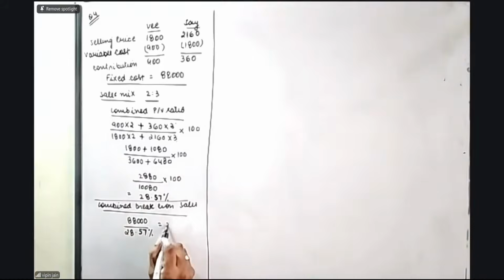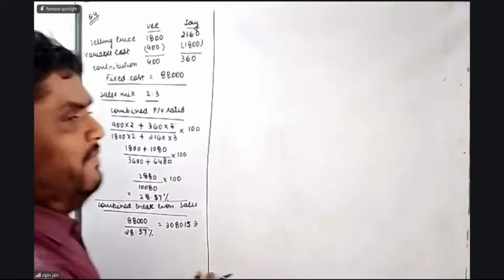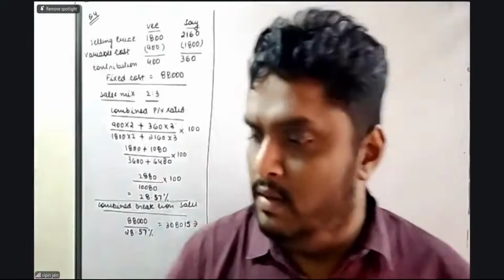So this will be 308015. So this is how the combined break-even sales will be calculated.